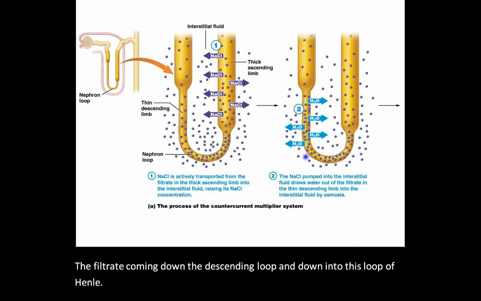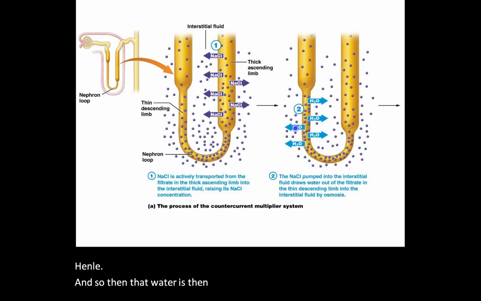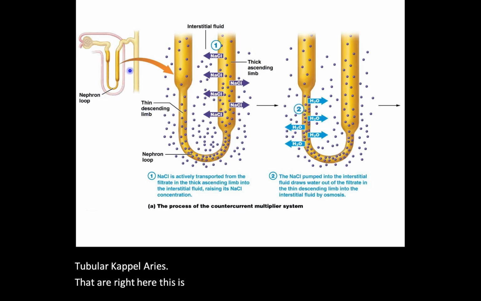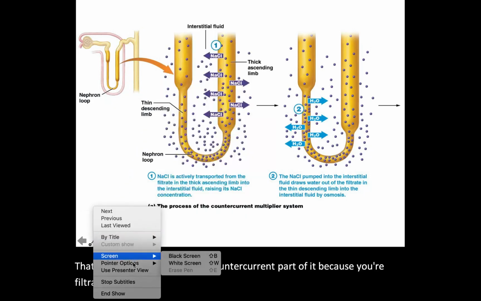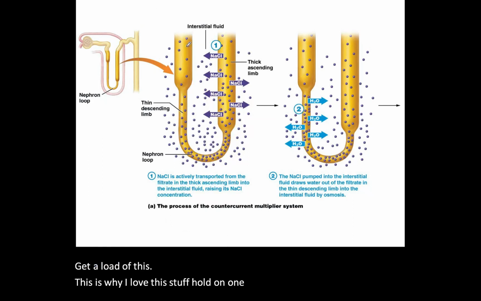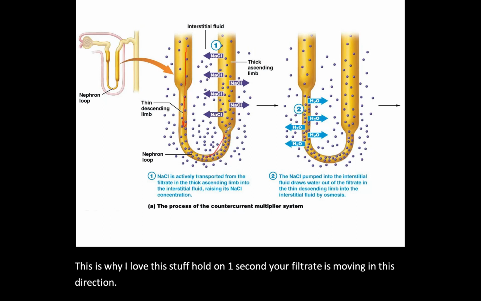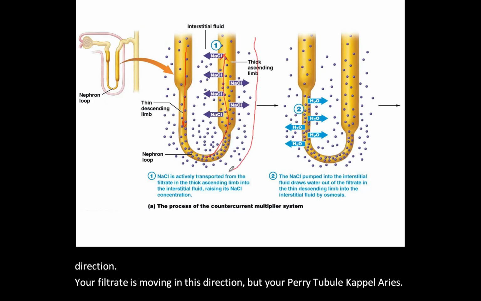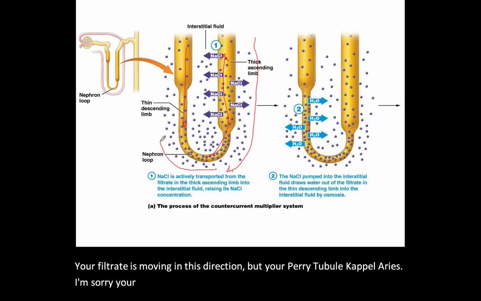And so then that water is reabsorbed, and then you have your peritubular capillaries that are right here. This is the countercurrent part of it, because your filtrate is moving in this direction, but your peritubular capillaries, your vasa recta, is moving in this direction.